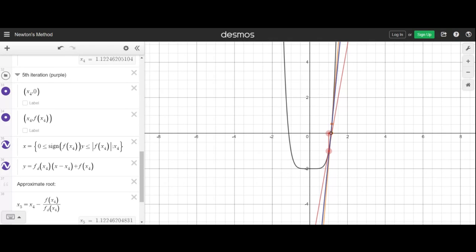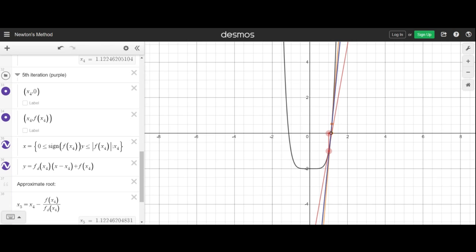Every time you apply Newton's method, you get a value of x, and then you draw a tangent line to the curve corresponding to that value of x, and that tangent line will cross the x-axis at a new x value, and then for that new x value you draw a tangent line to the curve.